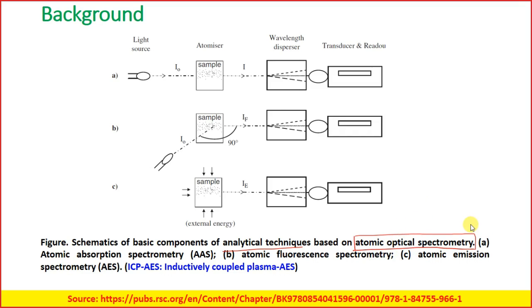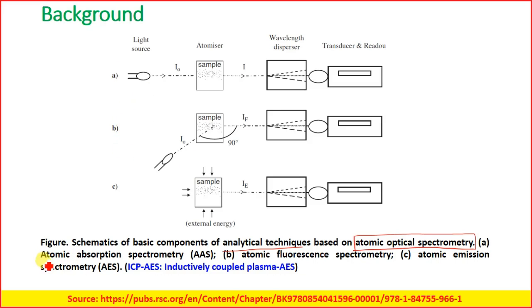But we can excite the atoms in different ways. If you look over here, there are three arrangements, and you can compare these techniques with the methods we have already discussed.